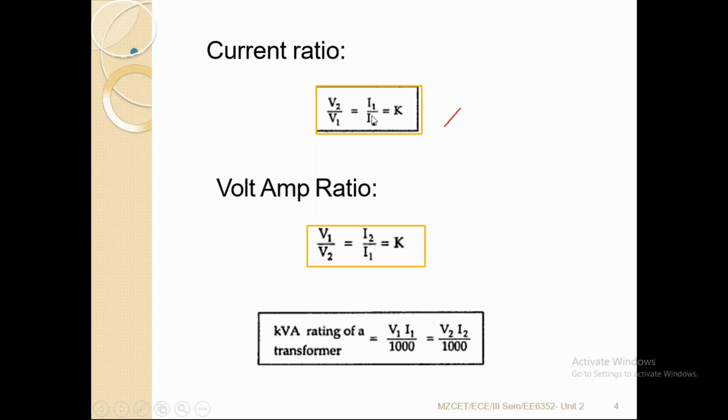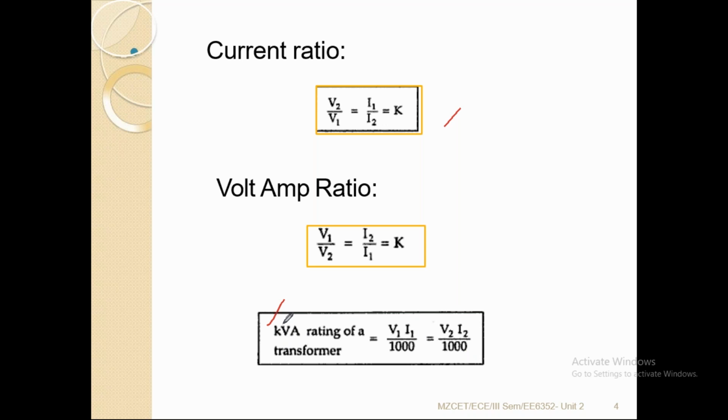This equation represents the voltage and current. And finally, we can represent it in terms of kVA rating. If it is only the volt amperes rating, we can represent V1 I1 equals V2 I2. But here we are mentioning kVA, kilovolt amperes, so we write V1 I1 divided by 1000 equals V2 I2 divided by 1000.